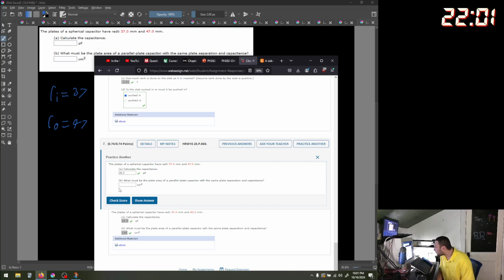And then what must the plate area be for a parallel plate capacitor with the same separation and capacitance?